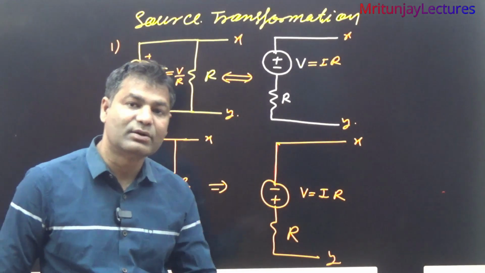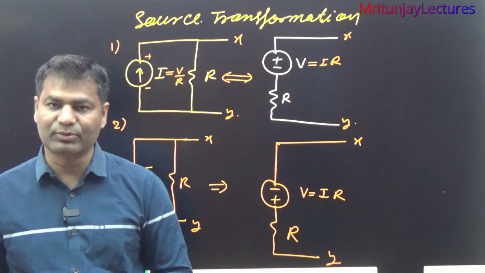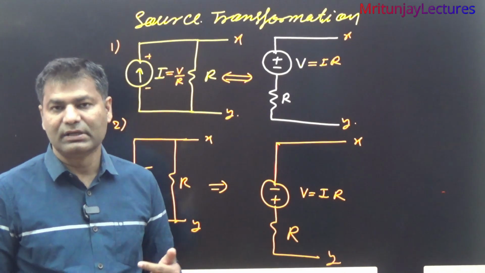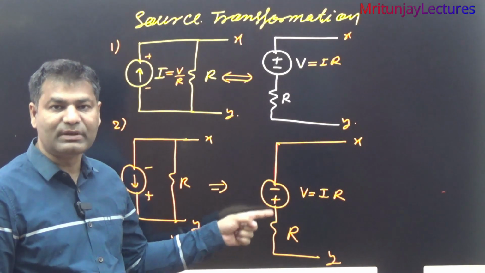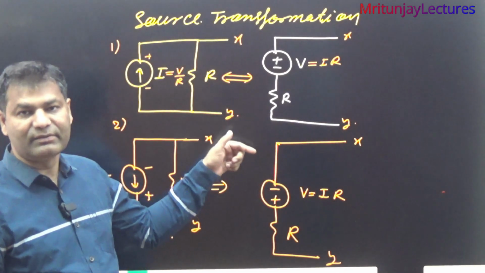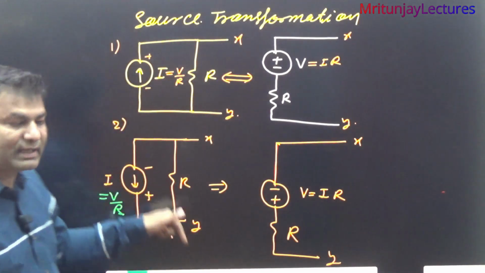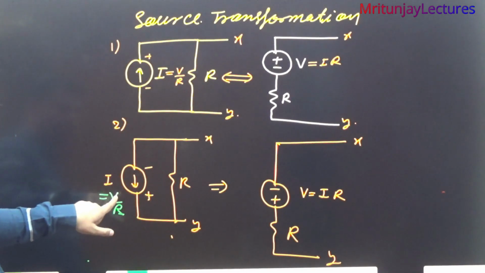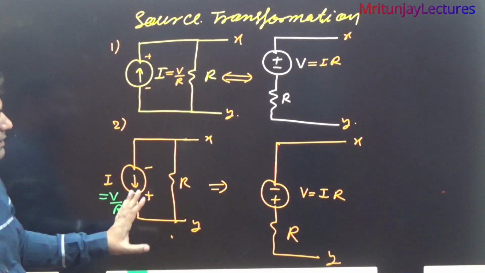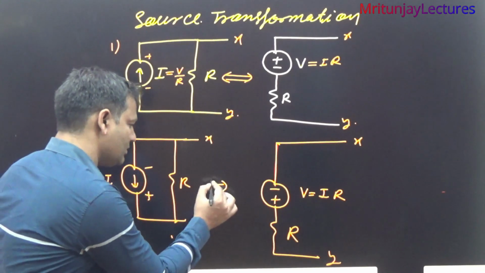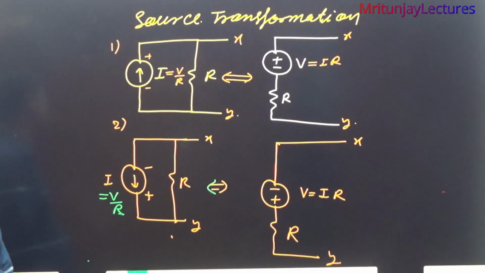The next target is how to decide the current direction. First of all, look here: the lower plate is positive and the upper plate is negative. It means the current leaves from the positive terminal, so the current direction is like that. So I is equal to V by R and the direction of current is like that. Clear? So represent it like that.